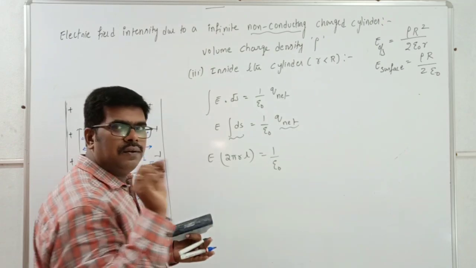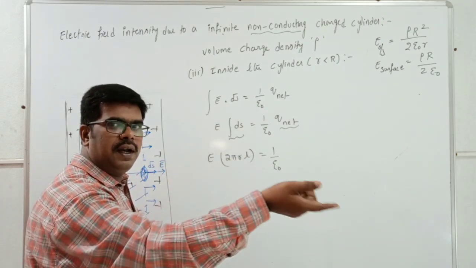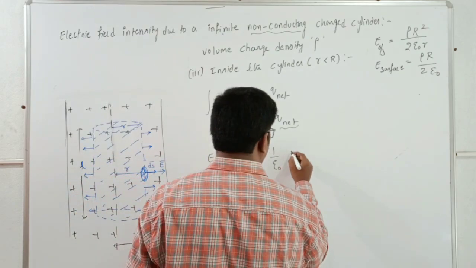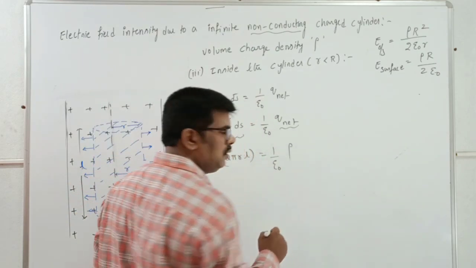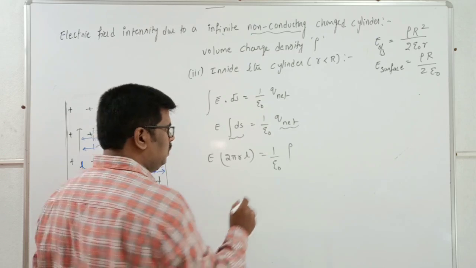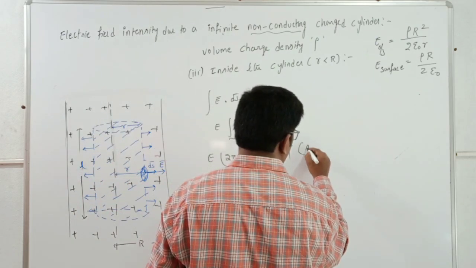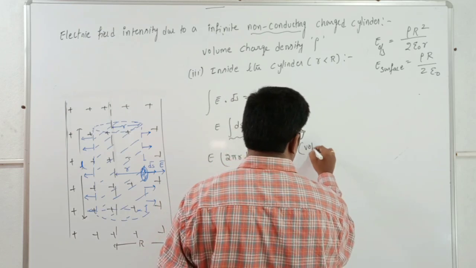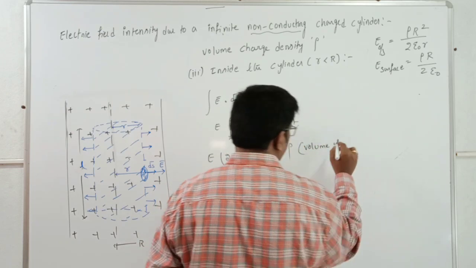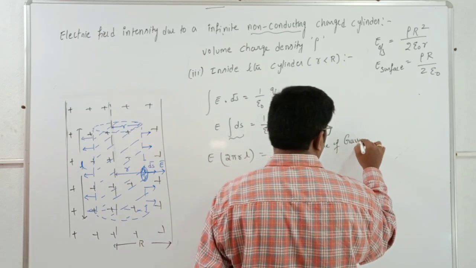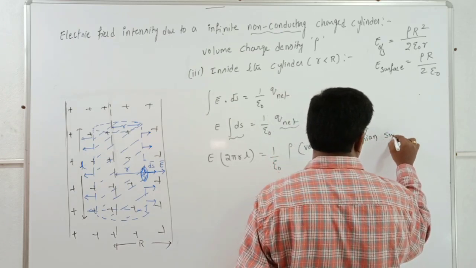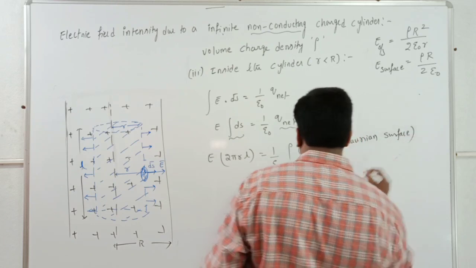There is a difference, you observe it clearly, outside case as well as inside case. Then I am going to write the volume charge density rho into volume of Gaussian surface. What is the volume of the Gaussian surface?